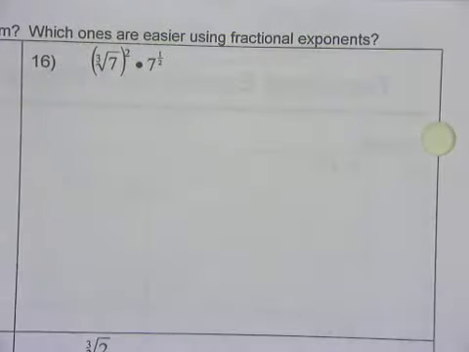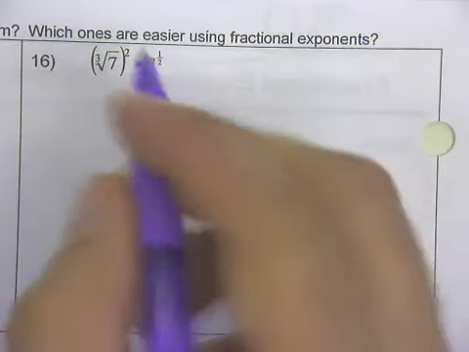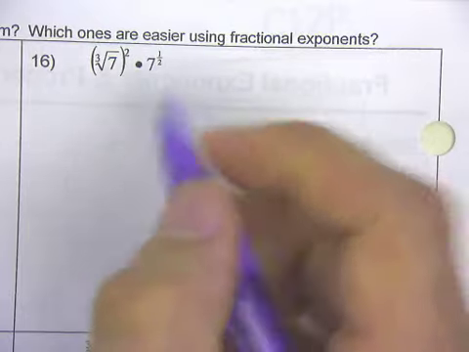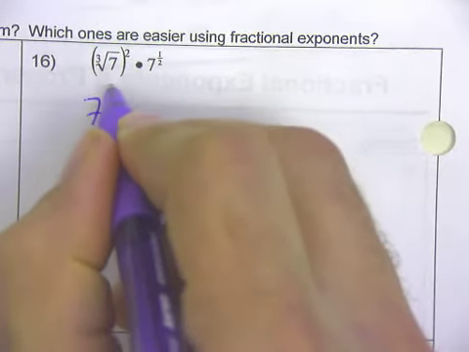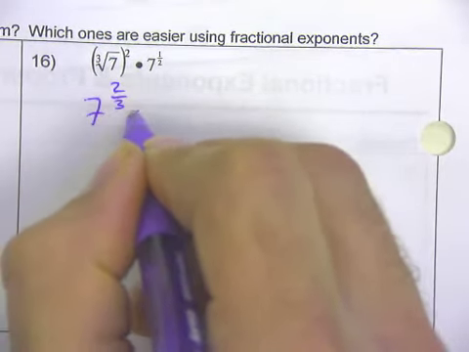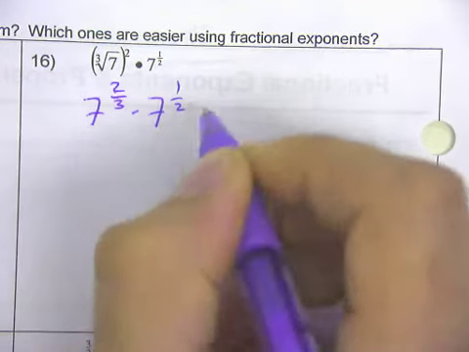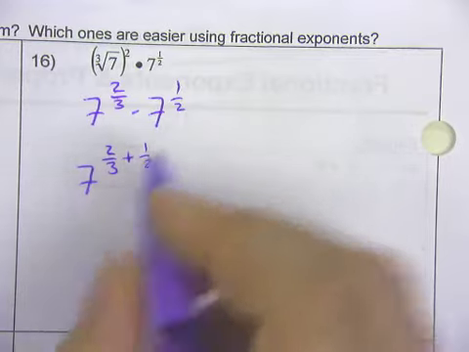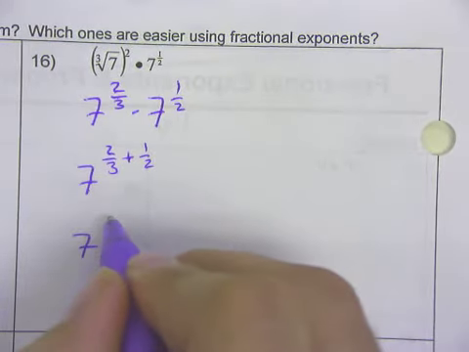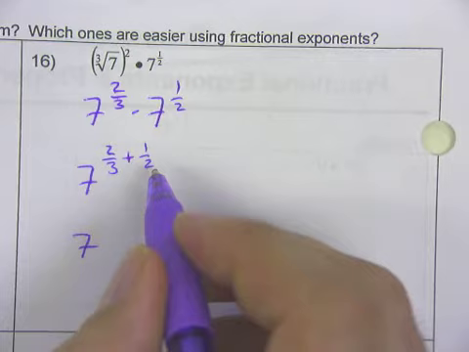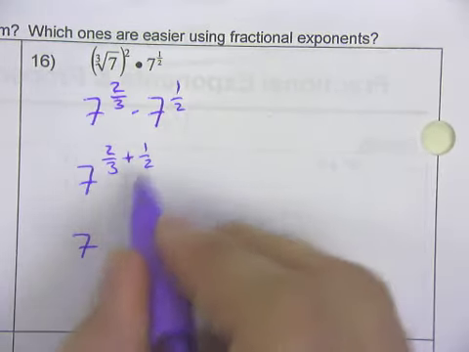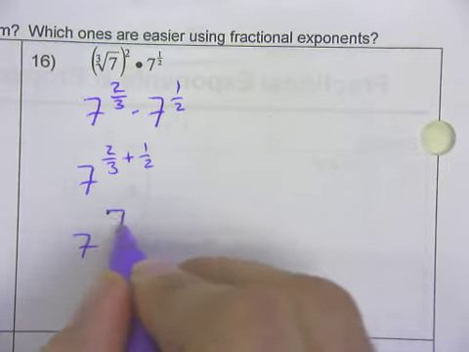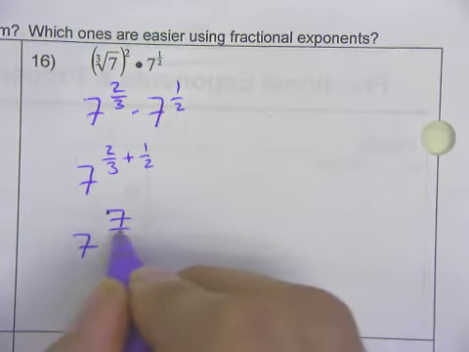In the next problem, I'm thinking the way to go here is just to write this as one nice exponent. So we've got 7 to the power of 2 over 3 times 7 to the power of 1/2, which would be 7 to the power of 2 over 3 plus 1 over 2. 2/3 plus 1/2 would be 7 over 6, I think.